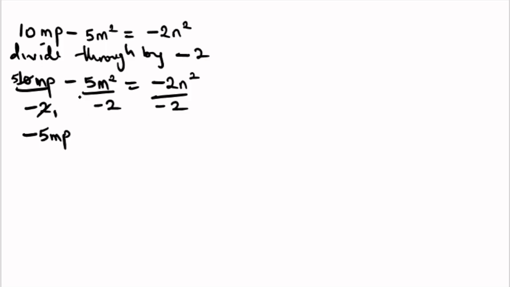Now, minus and minus. Remember from the rule of sign, minus times minus gives us plus. The same thing will occur: minus divided by minus will give us plus. So we'll have plus 5m squared over 2 equal to minus 2 cancel minus 2, we'll have n squared.